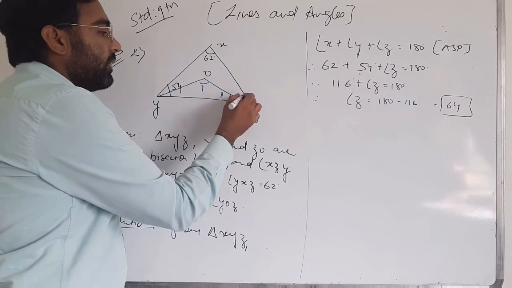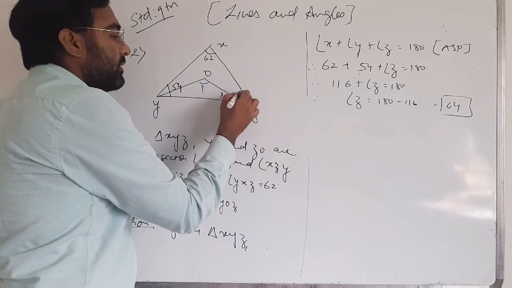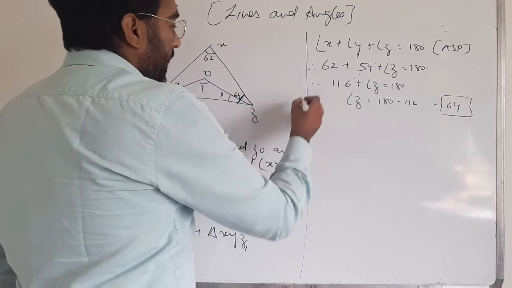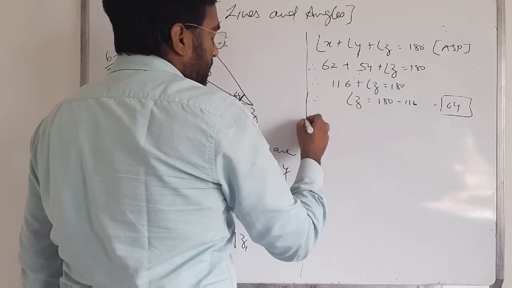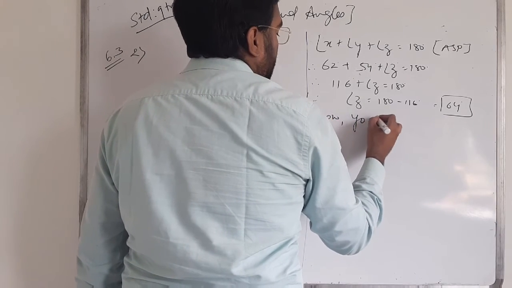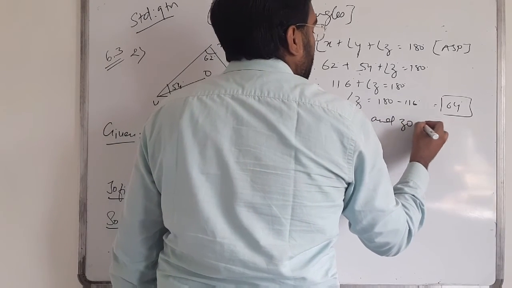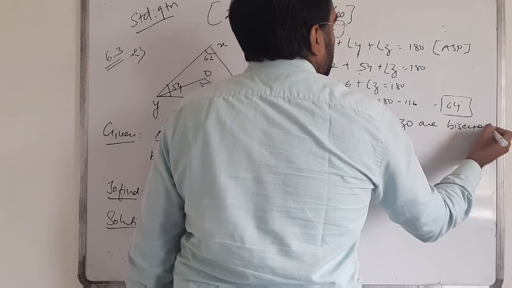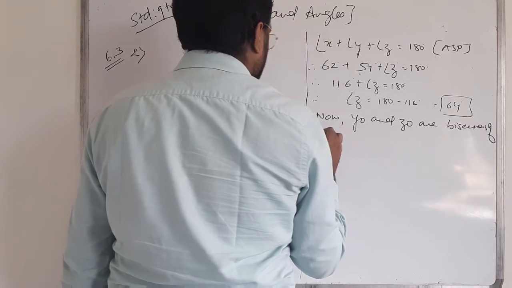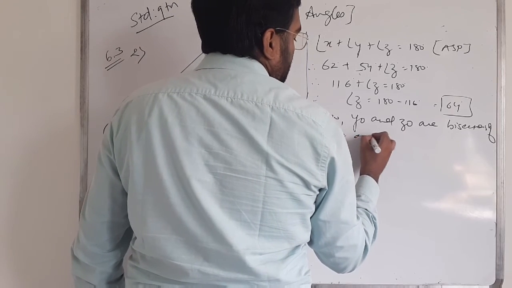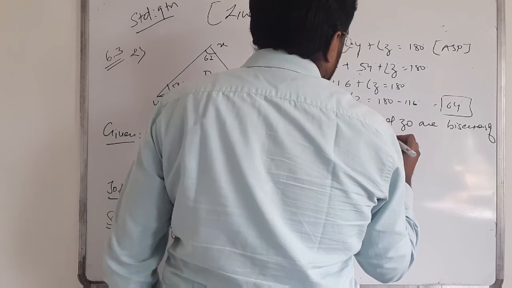Here my whole angle Z is 64 degrees. Now YO and ZO are the bisectors of angle XYZ and angle XZY.